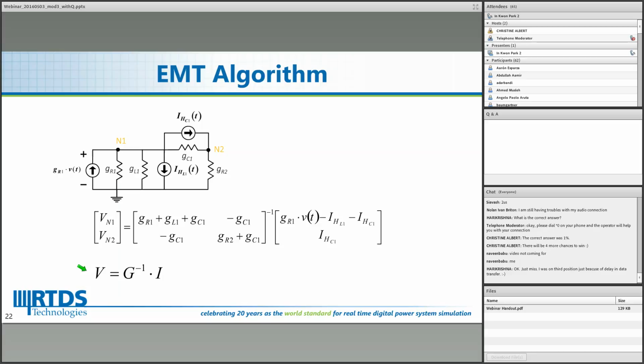So again, very simply speaking, the EMT algorithm is composed of two parts. The first one is the discretization of all those dynamic elements. Dynamic elements means the elements that can be described by a set of differential equations. The second part is the network solution, solving the circuit based on the G matrix and the current injection vector.